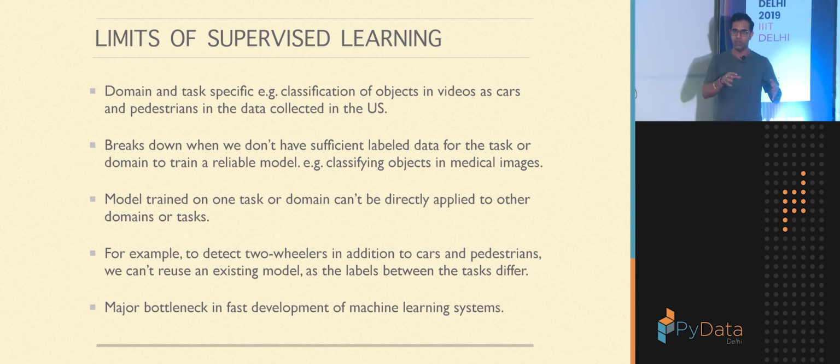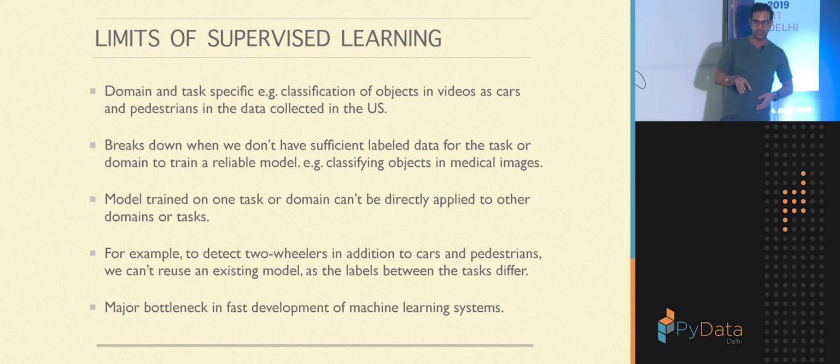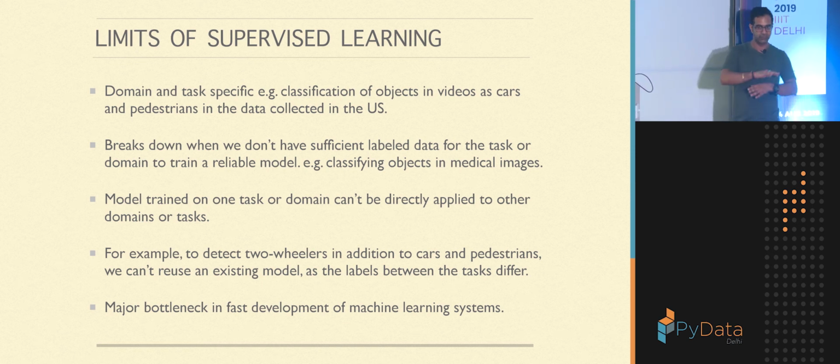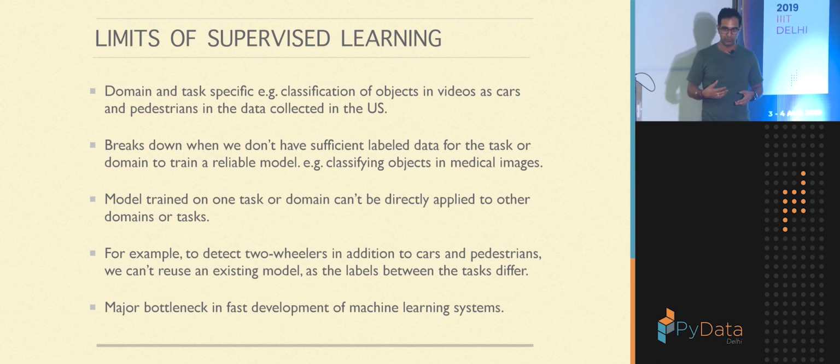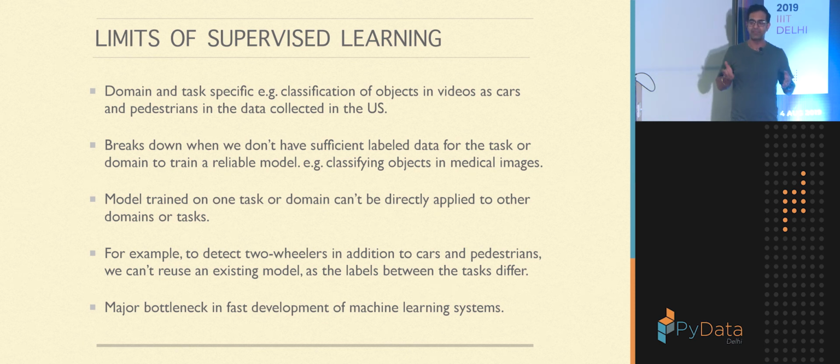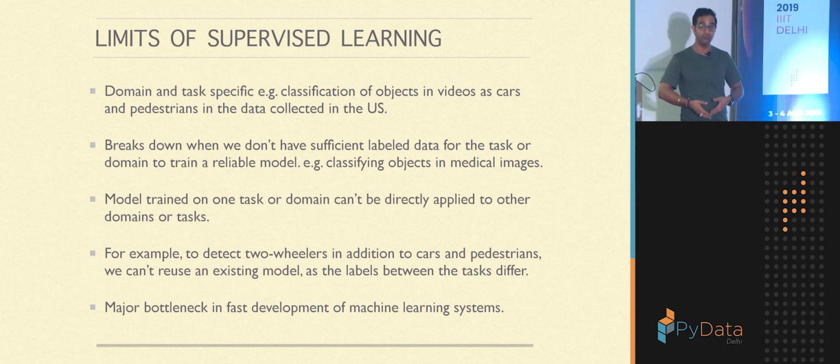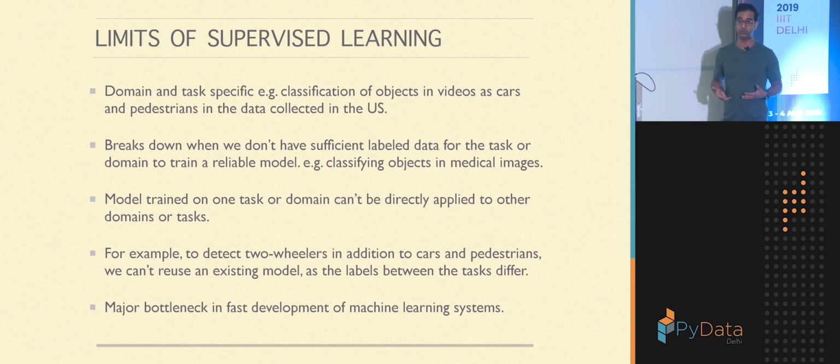You want to identify whether there is a car in view, or a pedestrian, or is it just the background, so it is good to go and the car can drive. Such systems could work. But I was just thinking about New Delhi, where a lot of people commute on two-wheelers. Can you use that same system? Now you have added an extra label, and you do need some labeled data for that.